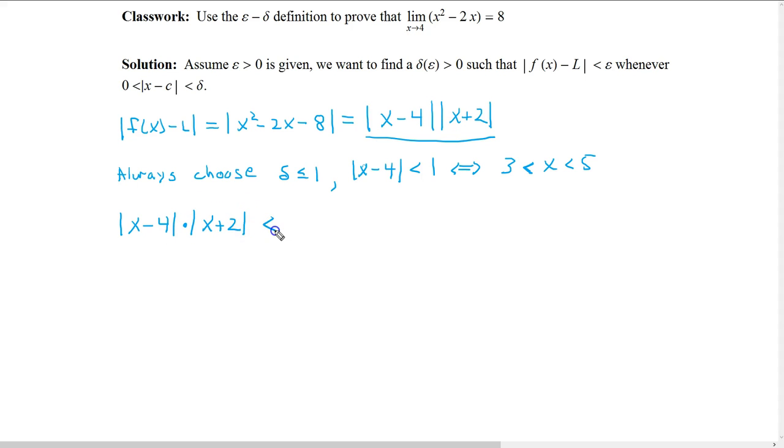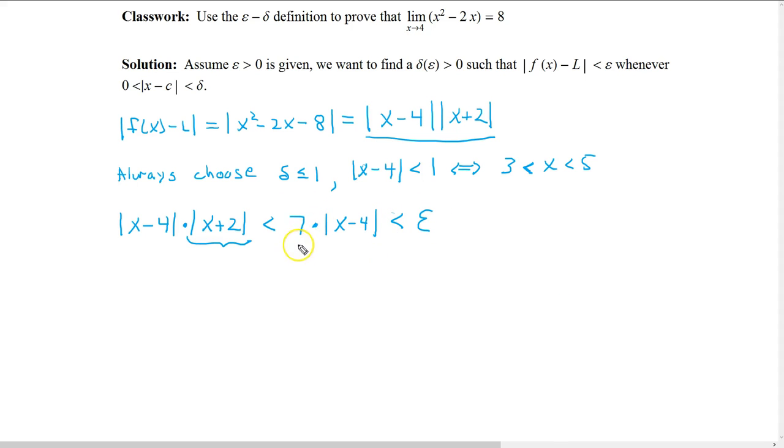We want to get rid of the x plus 2 term. Well, what's the biggest it could possibly be? Since x is always between 3 and 5, the biggest this could be is 7. So this is going to be less than 7 times |x - 4|. And now we will set that less than epsilon.